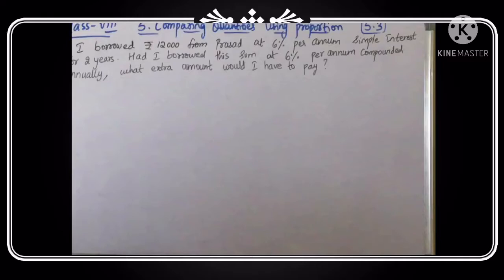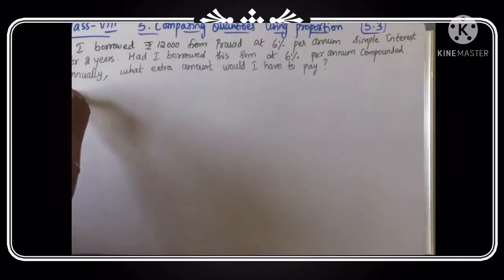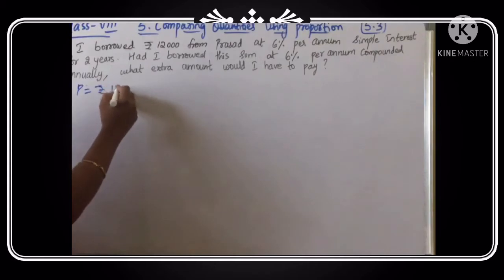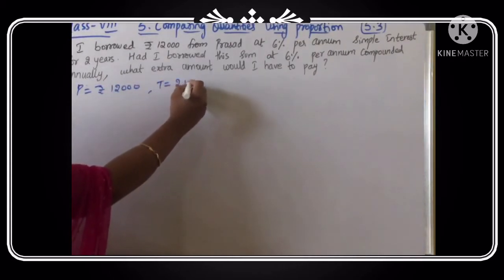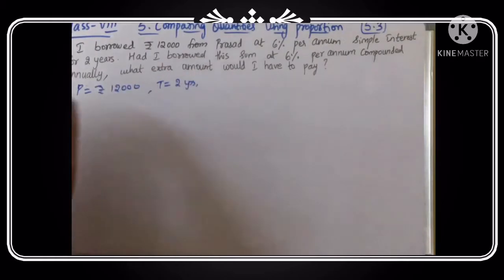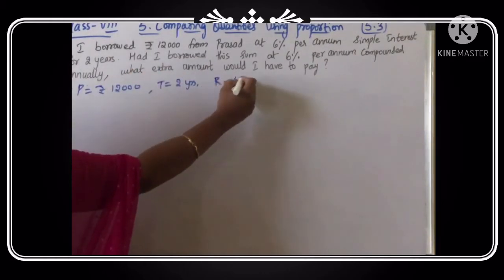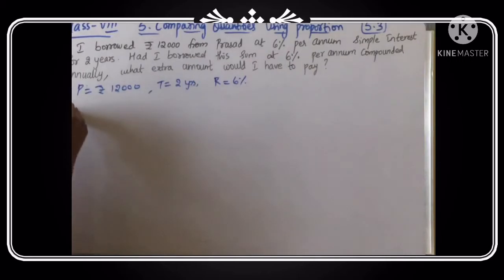Now coming to the solution. First we'll find out the simple interest for 2 years, right? Here P is equal to 12,000 and T is equal to 2 years and rate of interest R is nothing but 6%. Now first I'll find the interest.